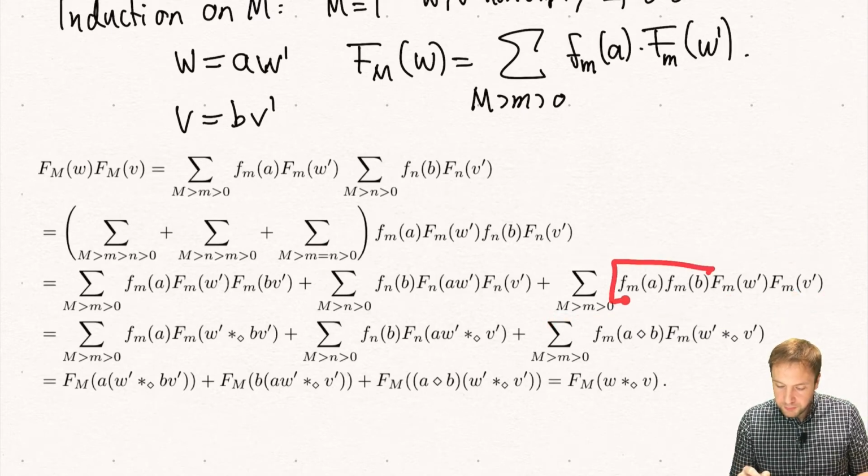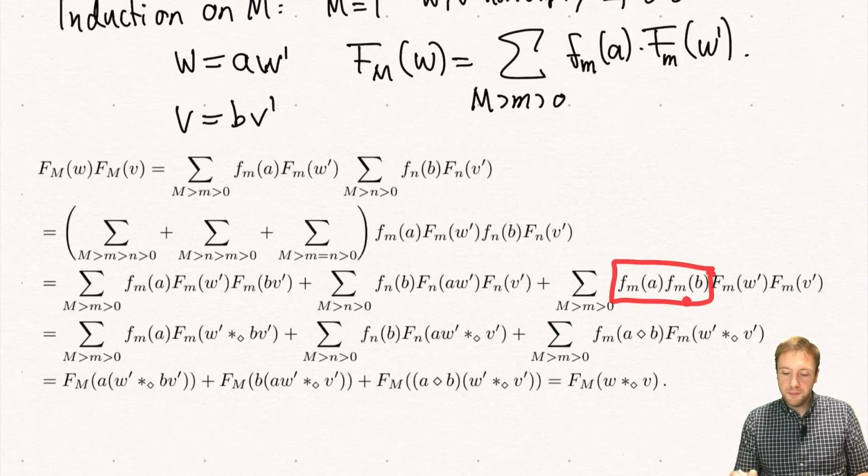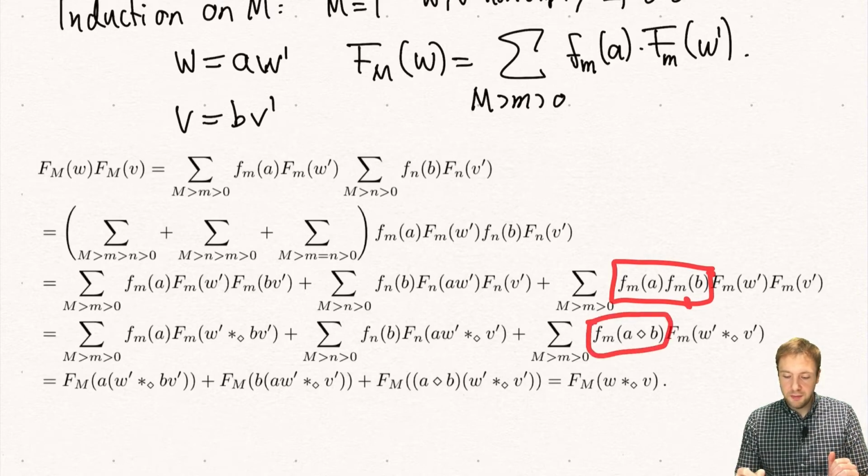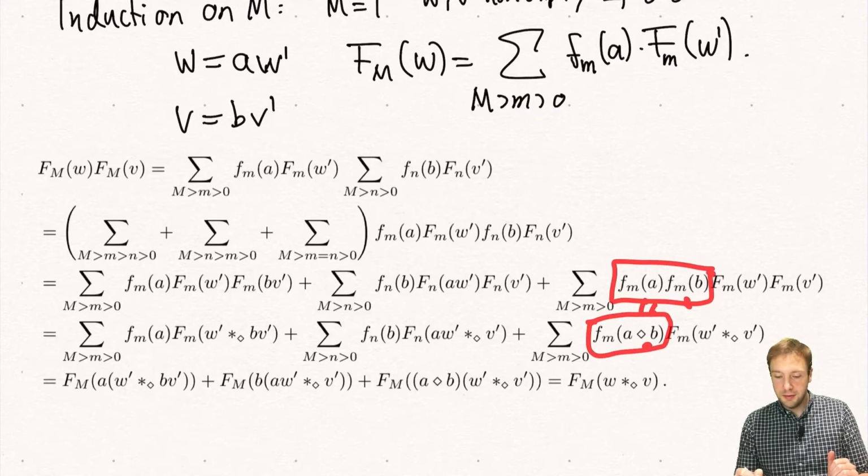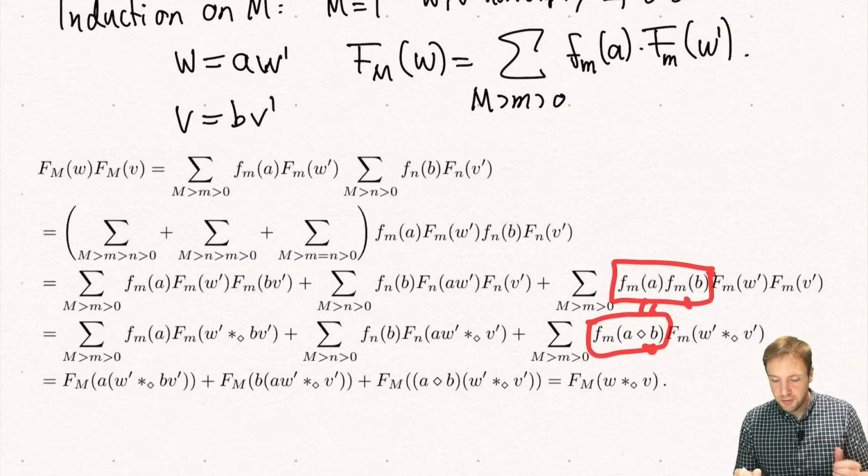And now, because this small f is an algebra homomorphism for each n with respect to this diamond product, this part here is just given by fm of this single letter a diamond b, or more precisely of this linear combination of letters.